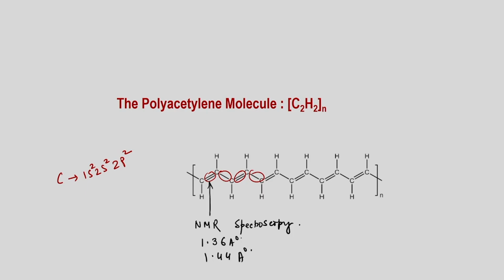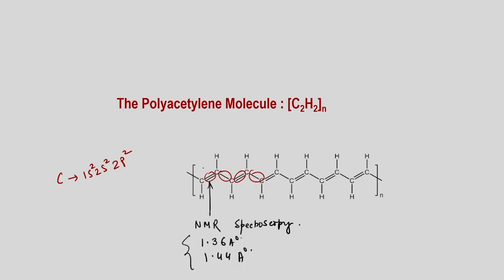So, the double bonds have a different length as compared to the single bonds, and these lengths being different, as a physicist trying to find out the properties of this model, one can say that this corresponds to a hopping T1 and this corresponds to a hopping T2.